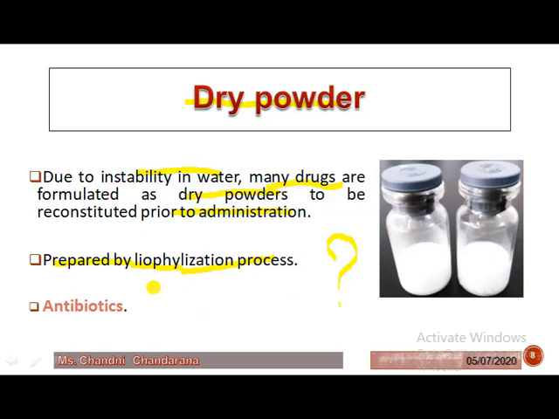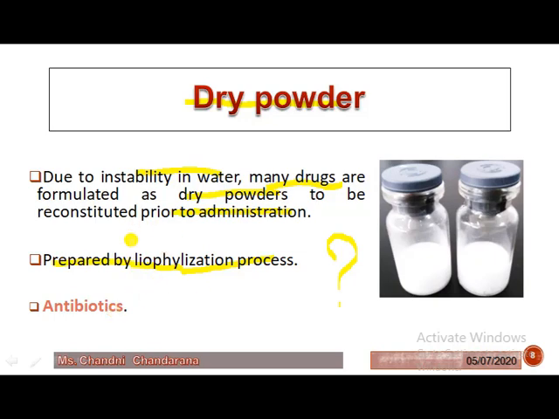The reconstituted solutions can be given by intravenous or intramuscular route, and the suspension is only given by intravenous route. For example, antibiotics: penicillin and ampicillin are examples of dry powder.